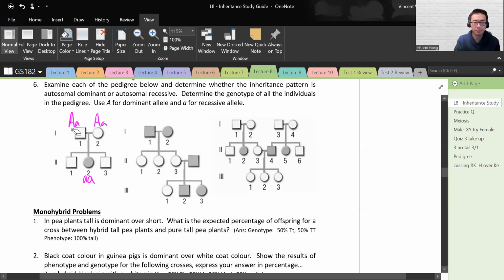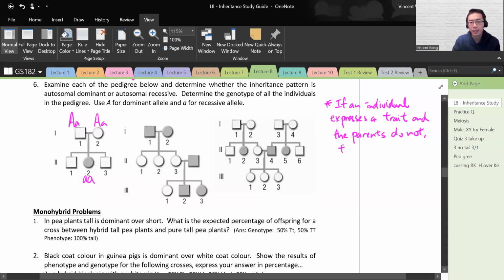This is the only way for it to occur. So if an individual expresses a trait and the parents do not, then it is recessive for sure. Okay.